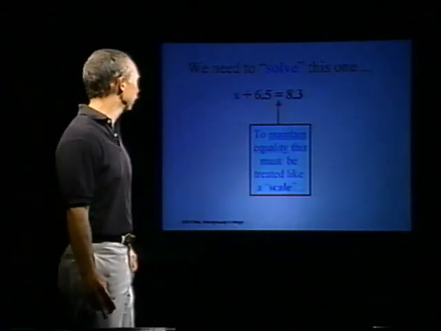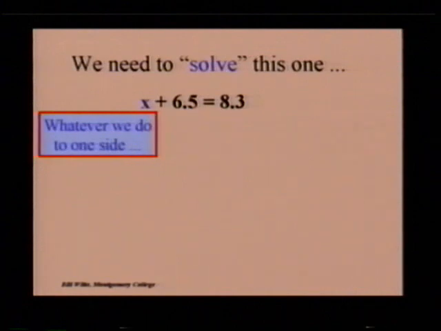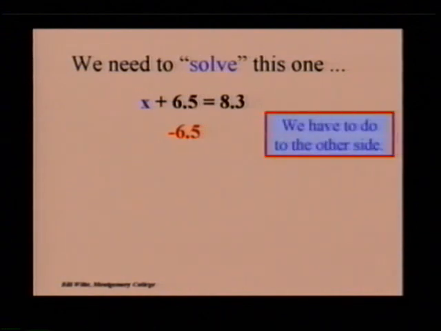Let's take a look. We got x plus 6.5 on one side of the scale and 8.3 on the other side. So in this case, I'm going to add negative 6.5 to undo the positive 6.5. But I have to do it on the other side, or it's not keeping the scale even.